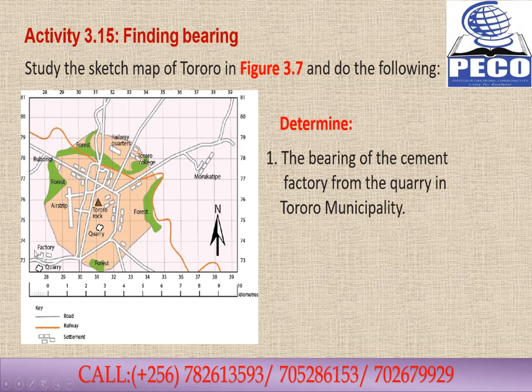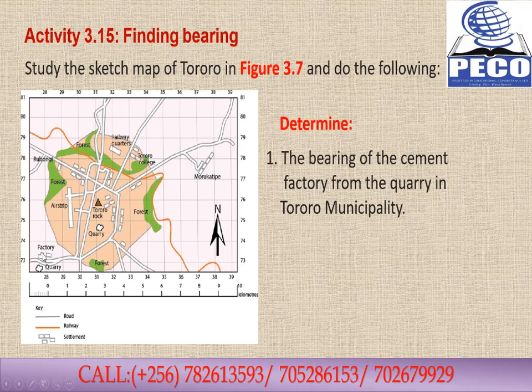The factory is here, and then we have the quarry. We have 2 quarries, so you can get the bearing of the factory from this quarry. So we have 2 places. Cement factory is A, the quarry is B.